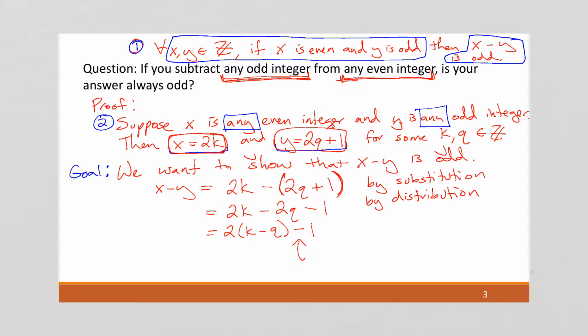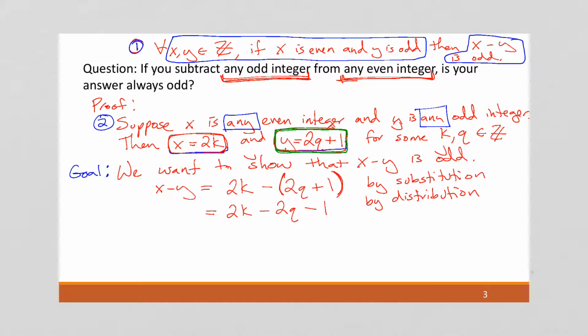So I need to figure out a way to get a plus 1 here. All right, that is the definition of an odd number. It is, as we've seen here, it is 2q, or 2 times some integer, plus 1. So how can I force this to be a plus 1?